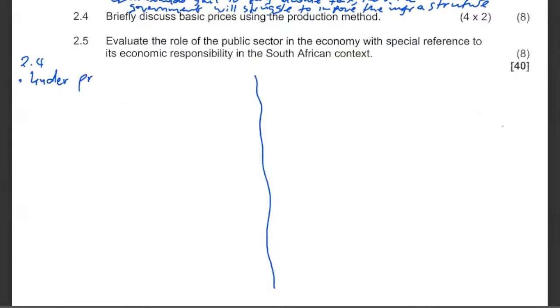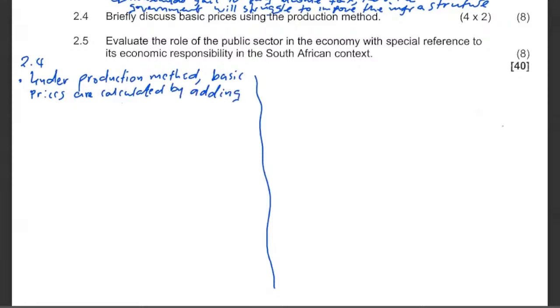We are saying that under production method, basic prices are calculated by adding subsidies on products and subtracting taxes on products.